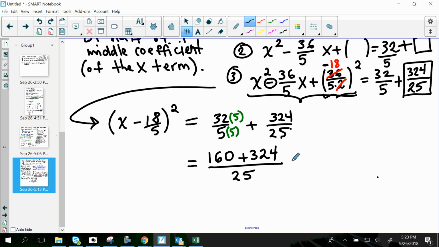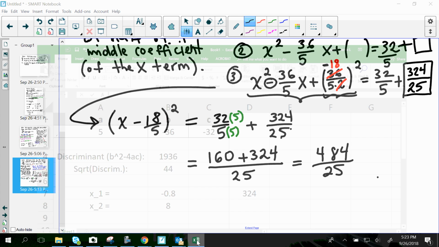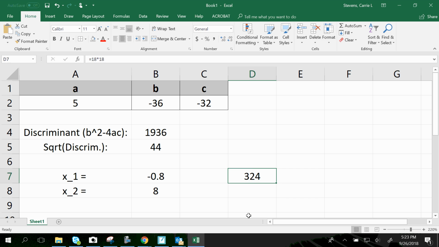And you can simplify that a little further to be 484 over 25. And I know 25 is a perfect square, and I'm willing to bet 484 is also. So let's check it out. So I'm going to do equals 484 to the power of 1/2, which is 22.